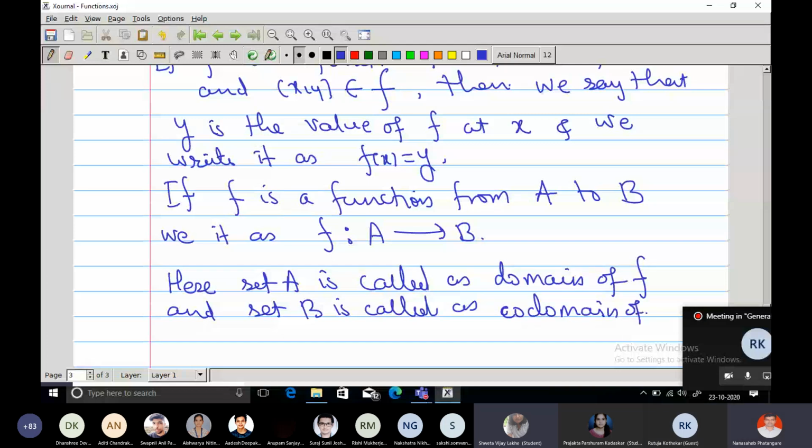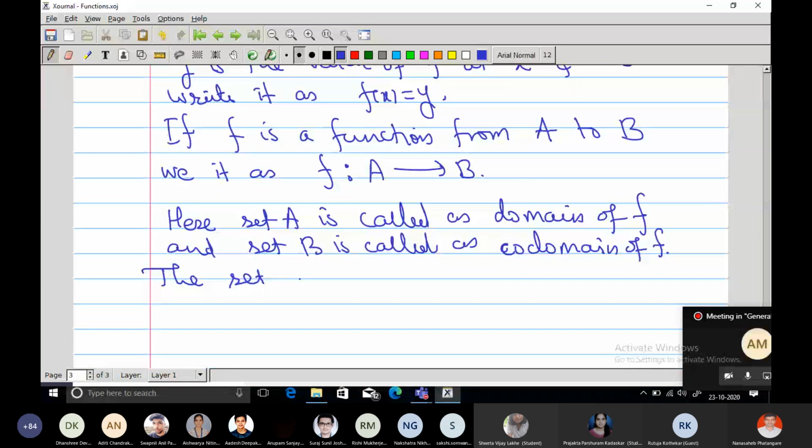So A is called the domain, B is called the codomain because it is a function from A to B. The set f(A) is equal to the values of f at elements in A. Now what can you say about this set f(A)? What is f(A)?